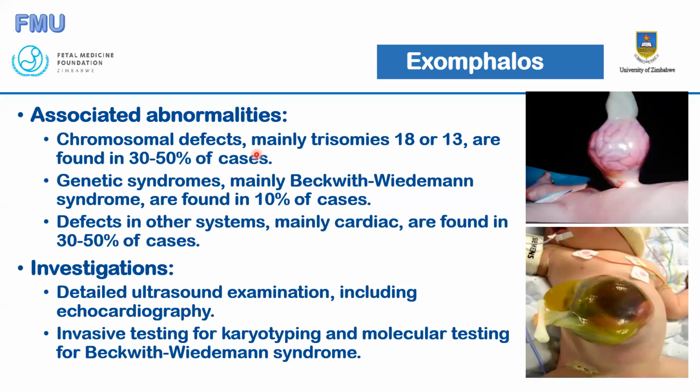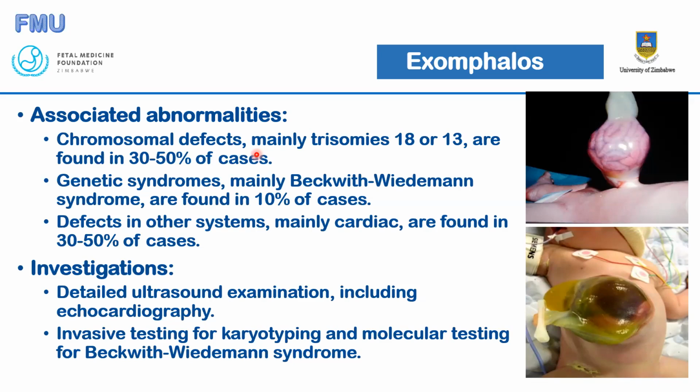Of course, we know that trisomy 18 and 13 will have other features, polydactyly, syndactyly, all those things may be associated with trisomy 18 and 13. So we should always be looking for other features whenever we see exomphalos.